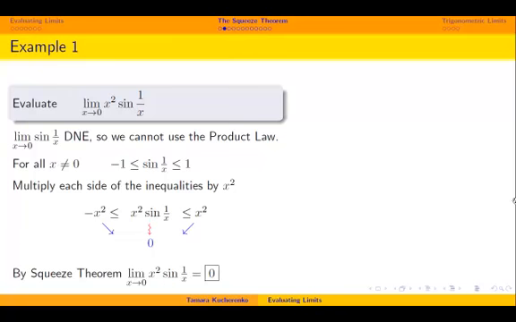By the squeeze theorem, we conclude that the limit as x approaches 0 of x squared sine 1 over x equals 0.